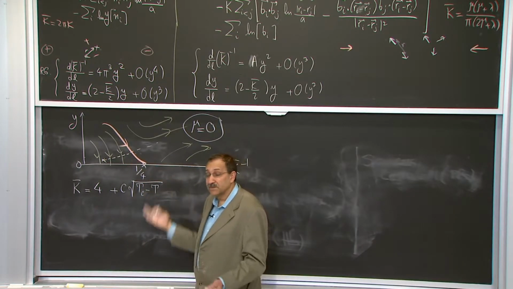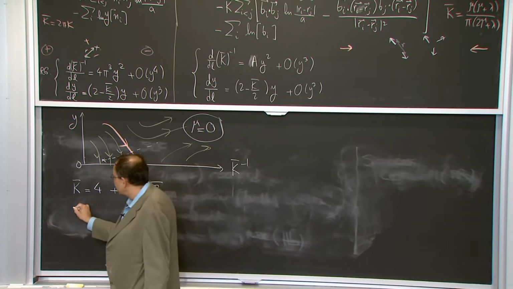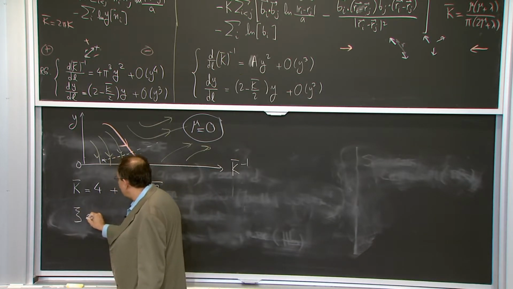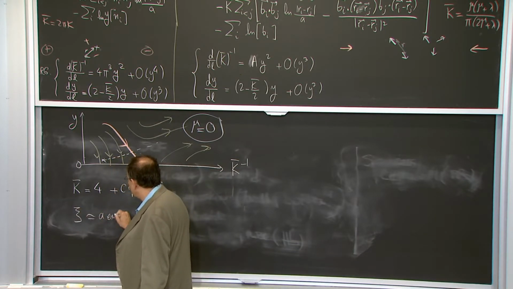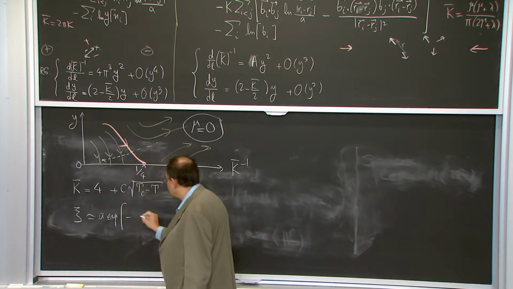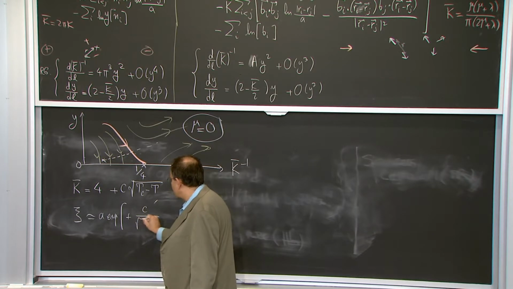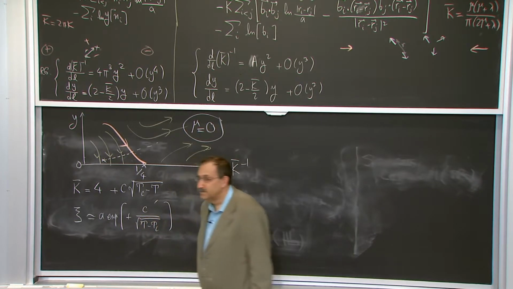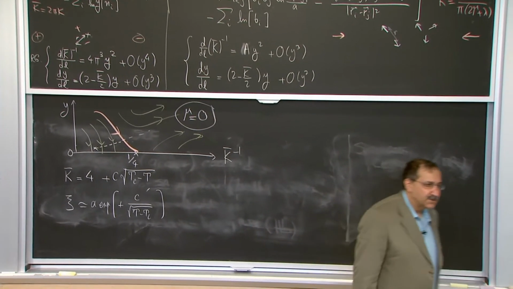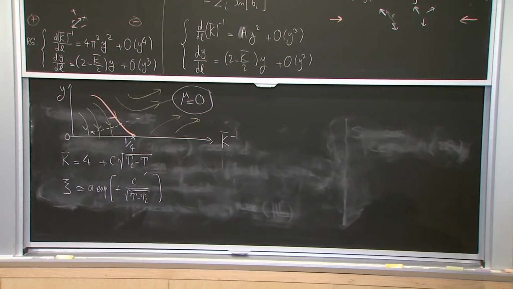The correlations will be decaying exponentially, and this correlation length has this very unusual signature, which is that it diverges as square root of T minus Tc in the exponent. It was giving rise to these essential singularities.